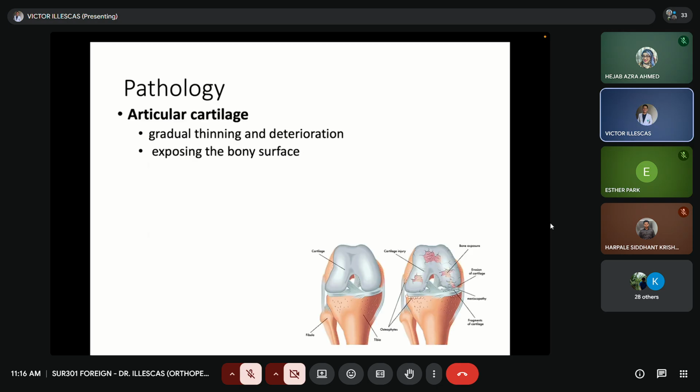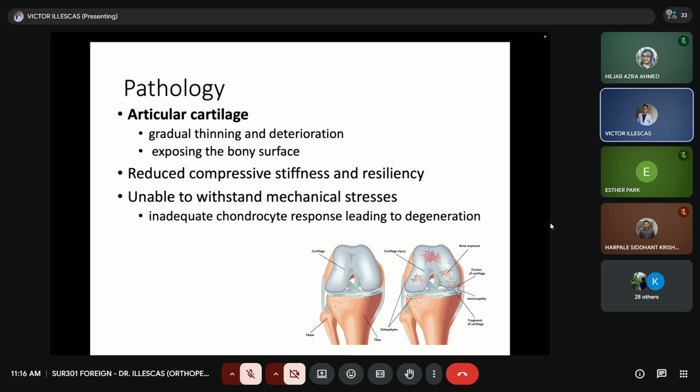Okay? So the articular cartilage is thinned and deteriorated, exposing the bone surface, and with the grinding of those exposed surfaces, it leads to pain, especially on initiation of movement. So the patient will complain of pain after prolonged recumbency or prolonged sitting, and then once the patient is about to stand up, there's already pain because of the grinding of these ends of the bone.